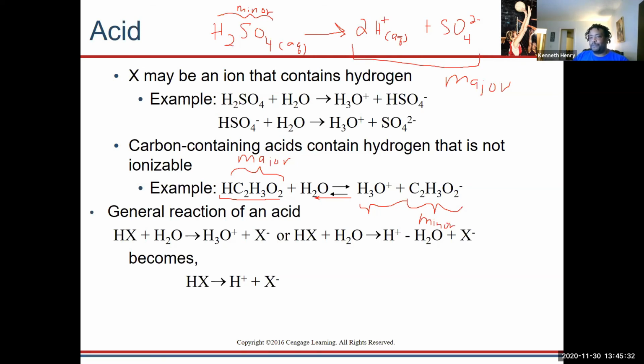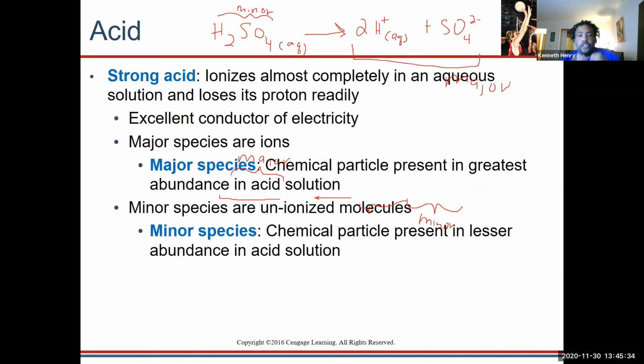Okay, so strong acids, they're going to completely ionize. Ionize is what we use in terms of forming ions, right? Or splitting up into their ionic components. So strong acids completely ionize. They separate completely. They separate into their 2 ion forms. Or almost completely, okay?